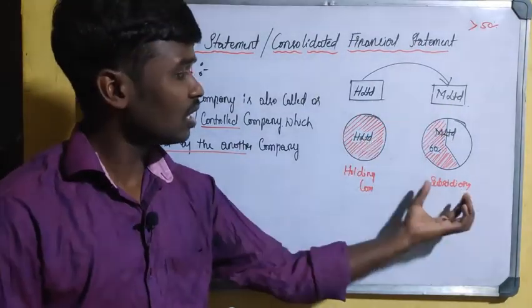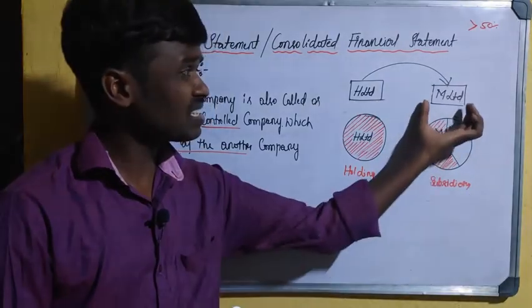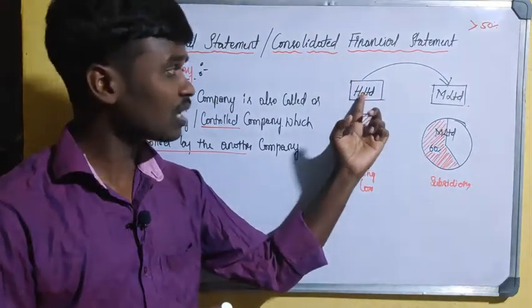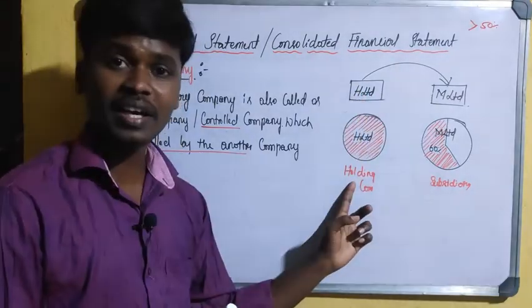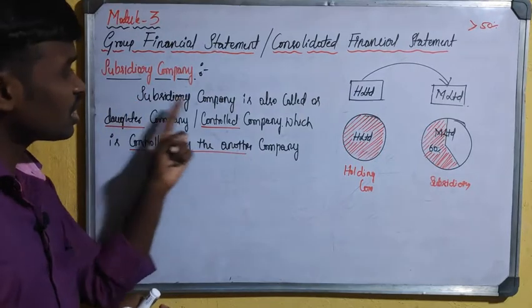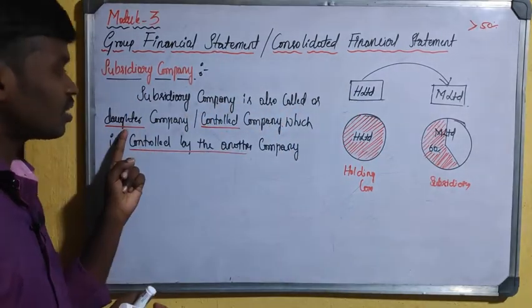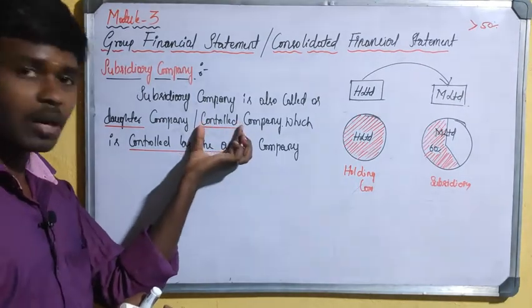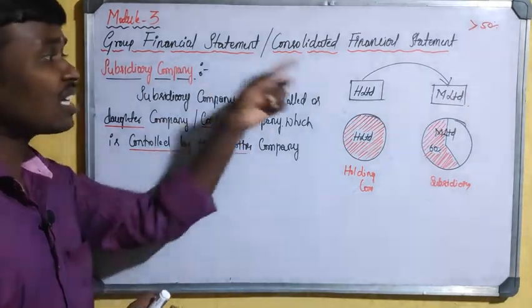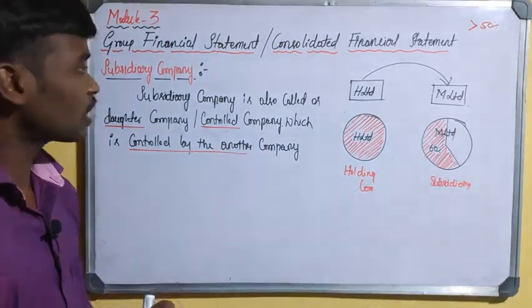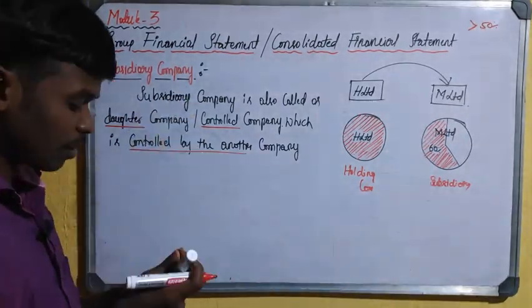Because the subsidiary company, that is M Limited, is controlled by another company. Another company in the sense that is the parent company or holding company. So that is the same thing. A subsidiary company is also called a daughter company or controlled company because that particular company is controlled by another company, which here is nothing but the parent company. Okay, so this is the meaning of a subsidiary company.